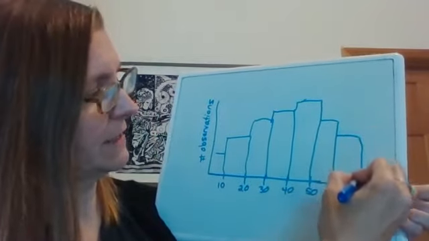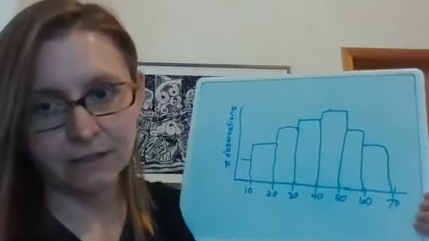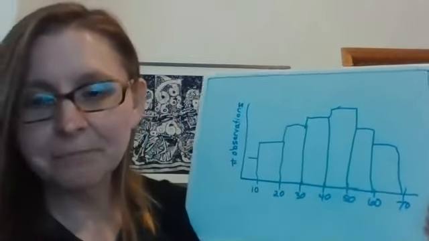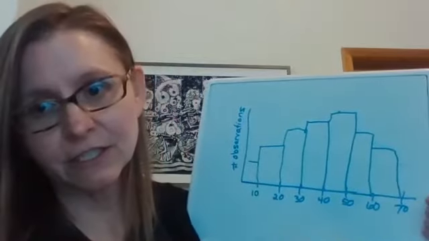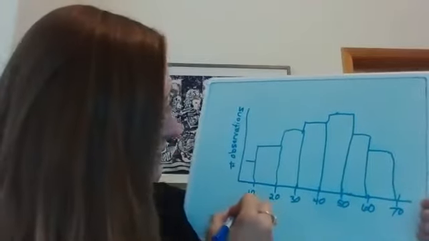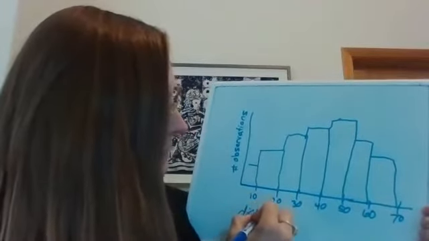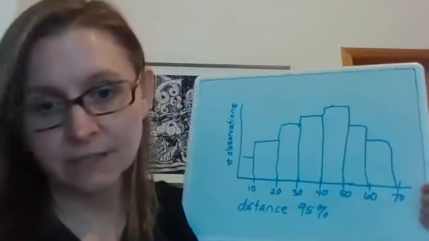By the time I've hit, say, 100 meters, I'm almost at 0 detection. By plotting that, I get a good idea, and I can do some statistics to estimate at what distance I am observing 95% of all of my species.